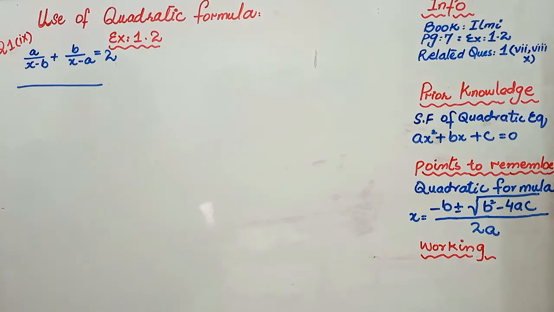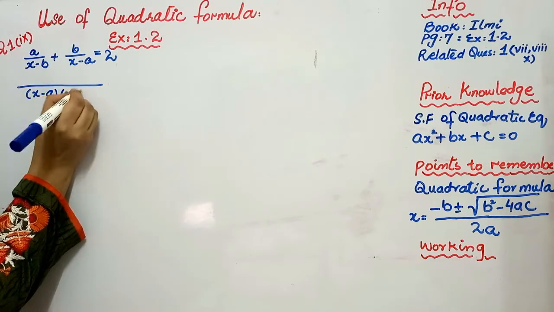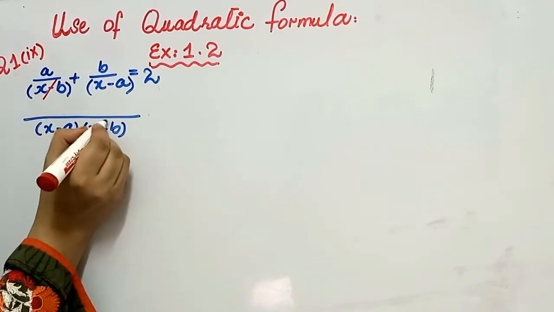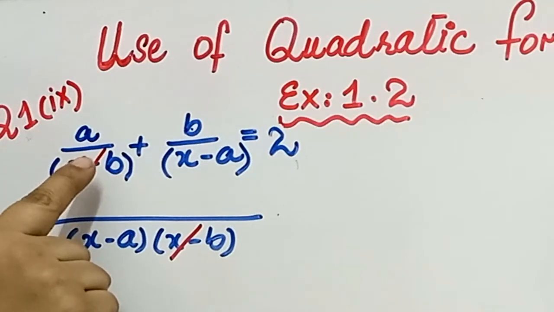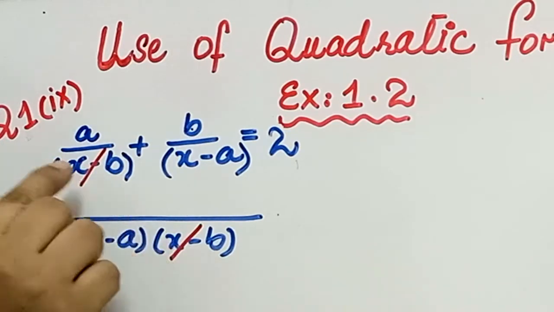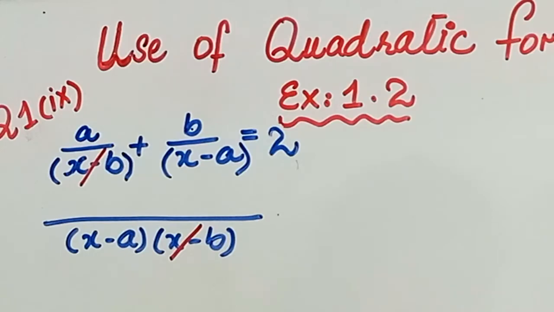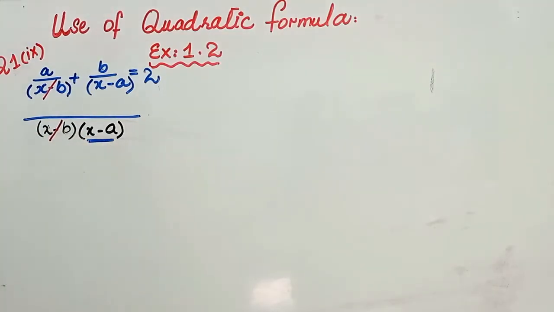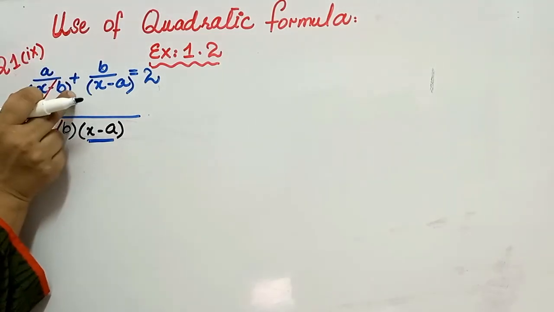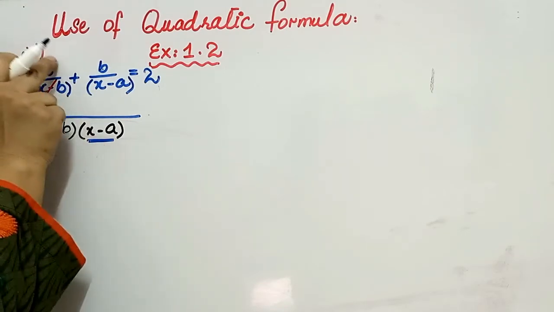So we need to write down x minus a as well as x minus b. These both are the same. For this term I am going to cancel the same one, and this one is the remaining one. As you know, for the solution of this term, the same one will be cancelled out and the remaining will be multiplied by a.